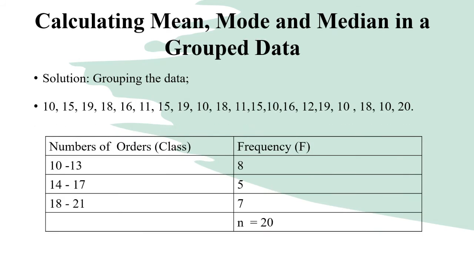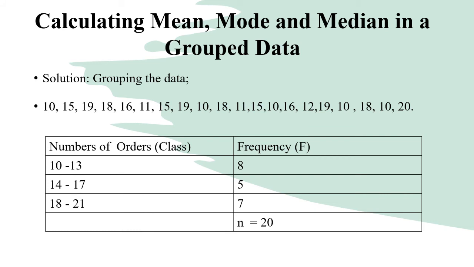We group the number of orders into class intervals. Here you consider the lowest number and the highest number, and then you group it into different intervals.